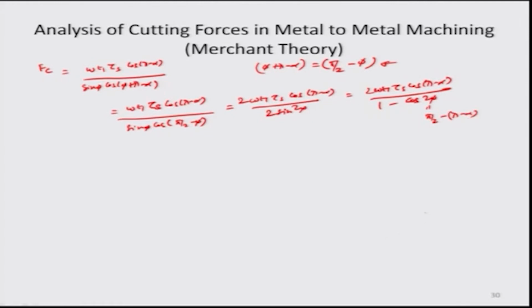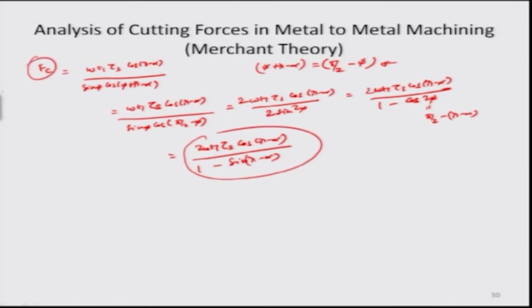Okay. So, we just substitute that again and try to see what form the equation would take. This is twice W t1 tau s cos of lambda minus alpha divided by 1 minus sin of lambda minus alpha. Obviously, cos of pi by 2 minus (lambda minus alpha) would be sin of lambda minus alpha. So, this is ultimately the form which comes out for the Fc value on this particular optimum criteria, corresponding to the value of phi that has been recorded using this power minimization criteria.